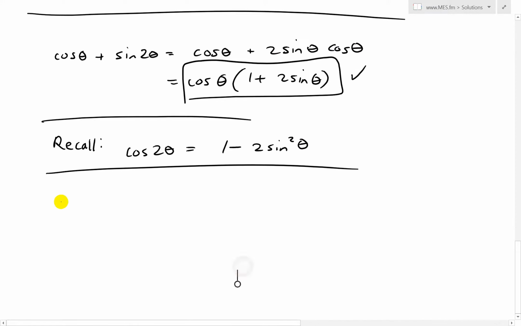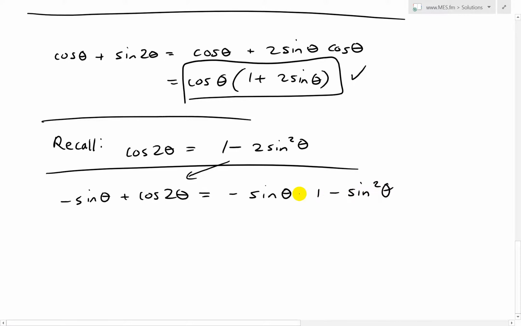So we have negative sine theta plus cosine 2 theta equals negative sine theta, and then we plug this inside here, so we have now plus 1 minus 2 sine squared theta, like that.